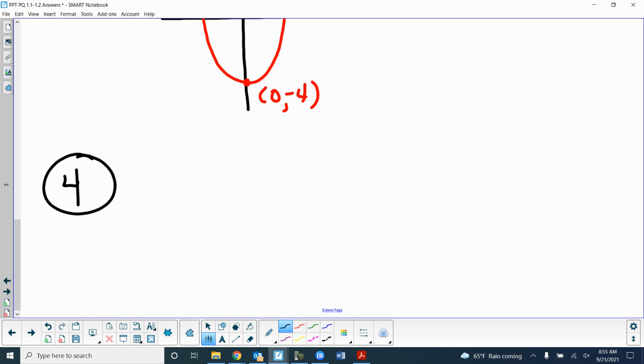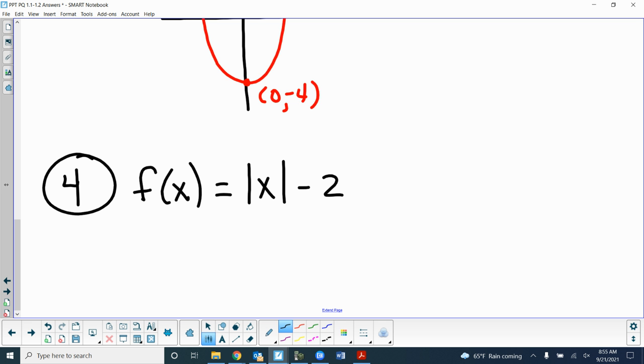It says, write a function g whose graph represents the indicated transformation of the graph of f. Okay? So f is absolute value of x minus 2.